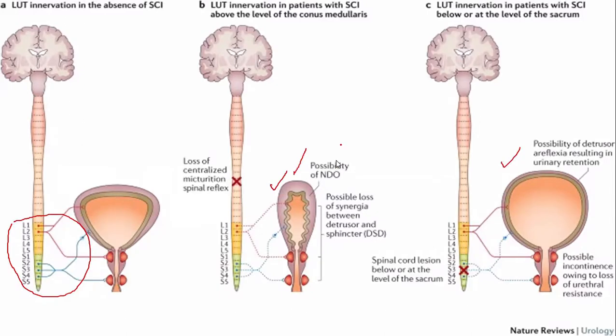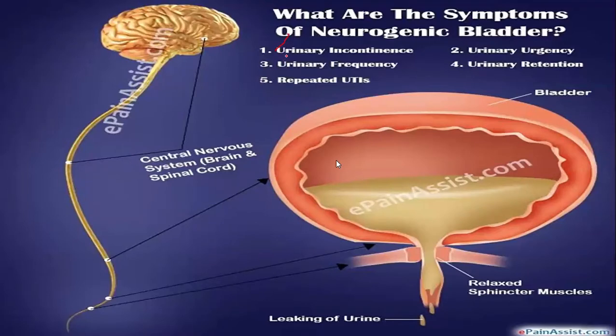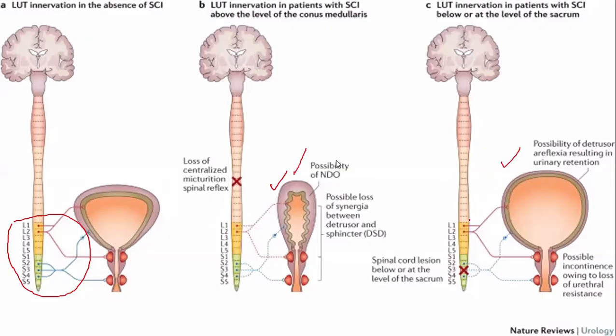Then urinary frequency and repeated UTI. Repeated UTI simply because, for example, you have a bladder that does not respond to stretching because you have a problem below the level of the sacrum.